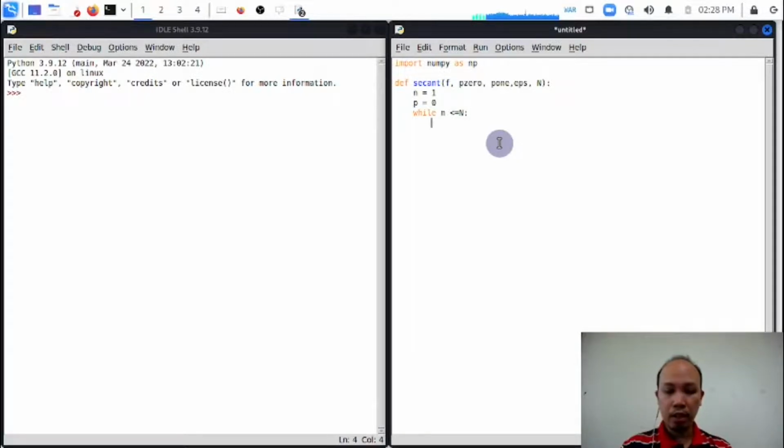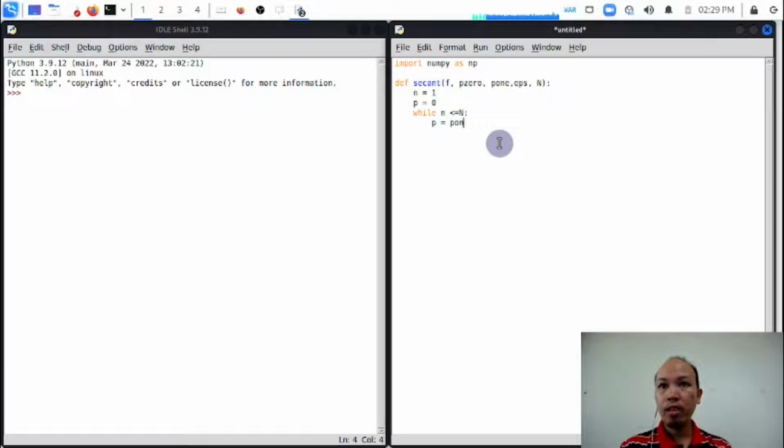the formula p sub n is equal to p sub n minus 1 minus f of p sub n minus 1 times the quantity p sub n minus 1 minus p sub n minus 2 over f of p sub n minus 1 minus f of p sub n minus 2. So this is the code.